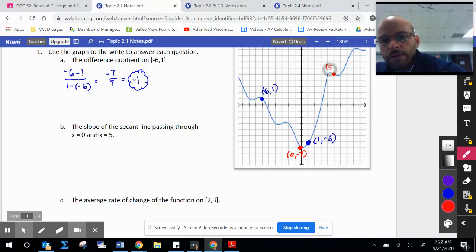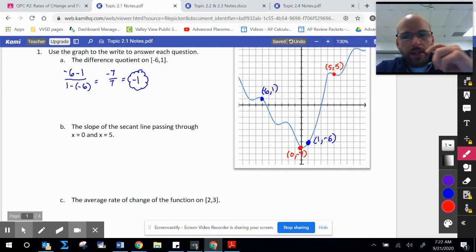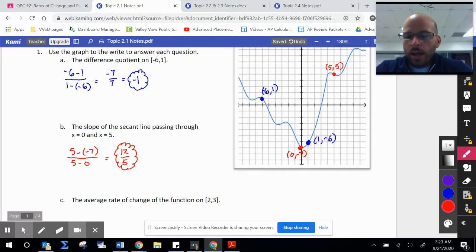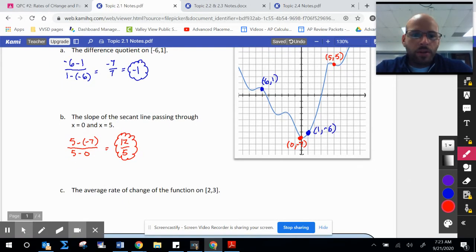This is going to be 5 comma 5. So if I find the slope of that secant line, I can say 5 minus -7 all over 5 minus 0. And I get 12 over 5. And I'm going to leave my average rate of change like that. No need to make a decimal if you don't need to.